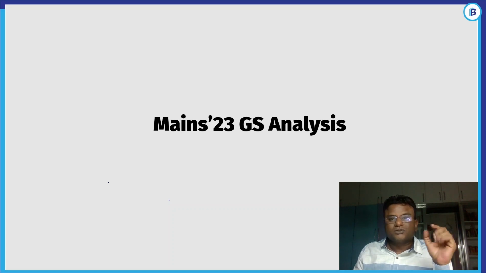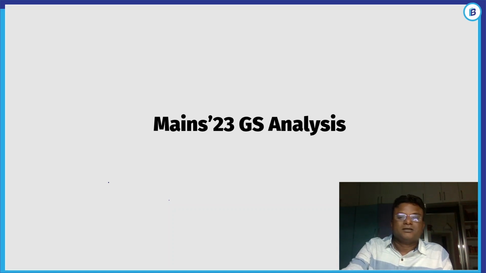So let us start. I'm going to analyze the GS1 paper in detail, whereas I have picked up certain questions from GS2 and GS3. I'm not going to look at the entire paper, but certain questions where there is something unique about it, from which we can really get some insight, and keep that in mind when we are preparing for the next year.